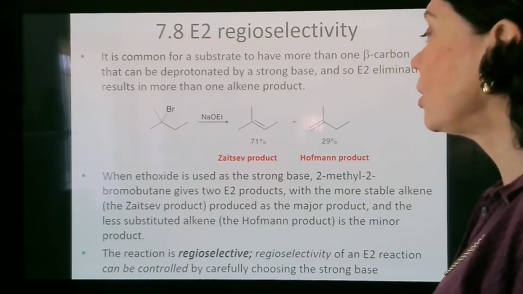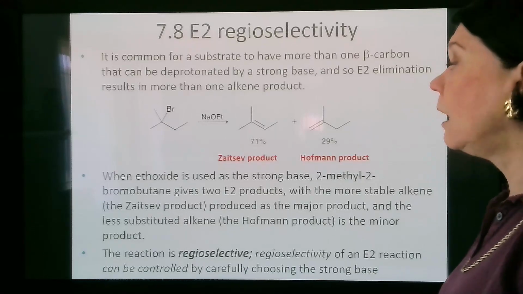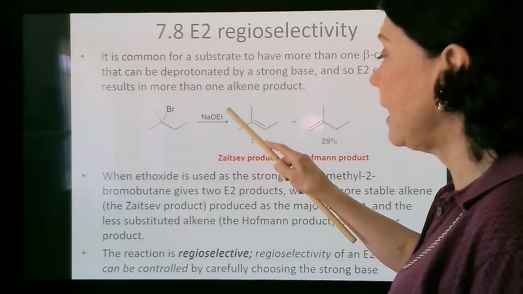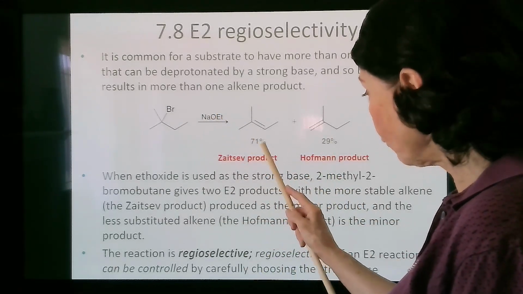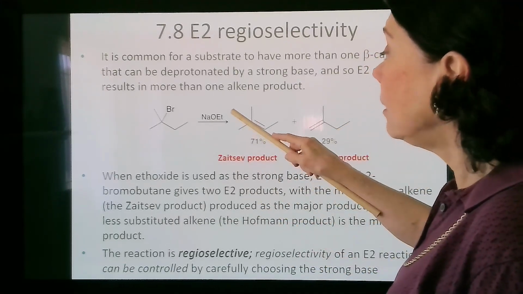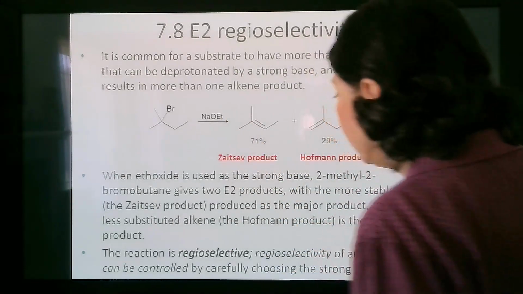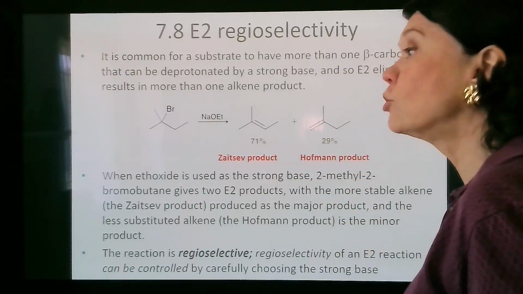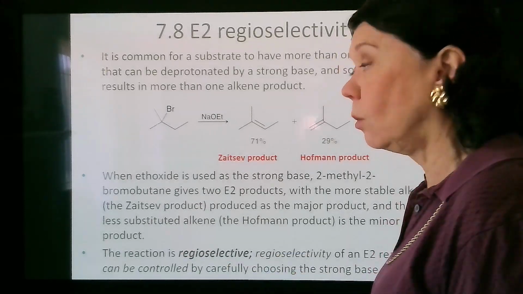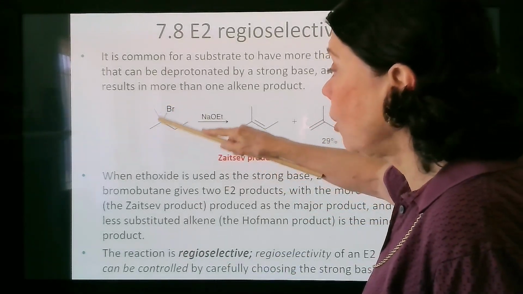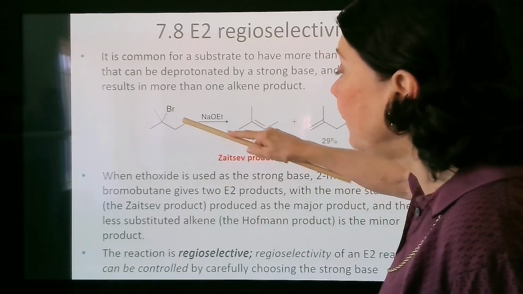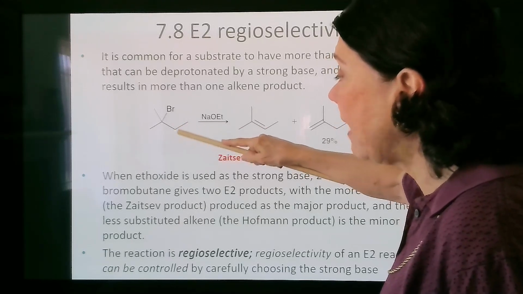And so this is the regioselectivity of the reaction. This particular reaction, with this strong base, if you change the strong base, you'll change these ratios. And so this particular one gives the regioselectivity of 71 to 29, because here we're talking about which region of the molecule reacted. Was it the protons out here on the methyls, or was it the internal protons of the methylene?